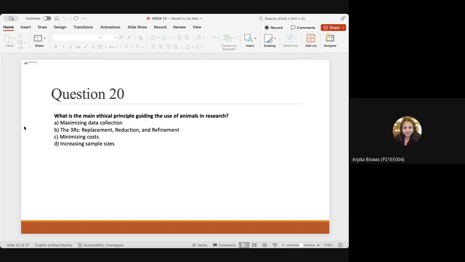What is the main ethical principle guiding the use of animals in research? First is maximizing the data collection. Then, second option is the 3Rs: replacement, reduction, and refinement. Option C is minimizing cost, and option D is increasing sample size.